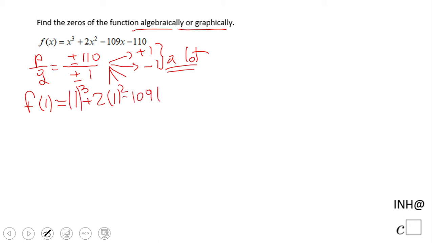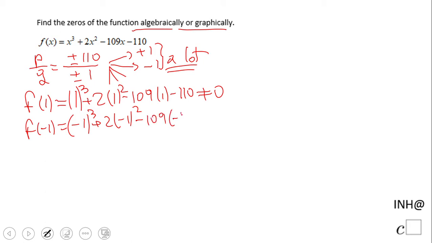If you do this math, you're going to notice this is not zero. So 1 is not one of the zeros. On the other hand, if we do negative 1, that will be 0. You want to check this, go ahead and check it.